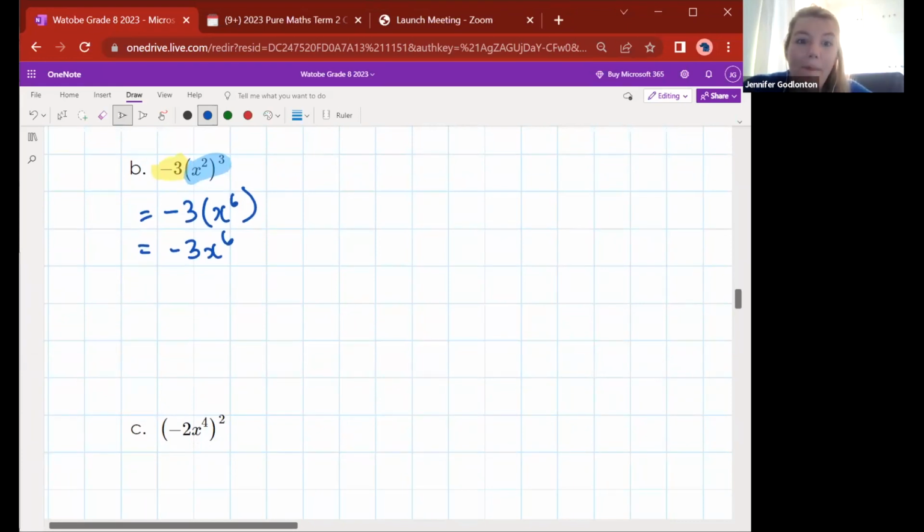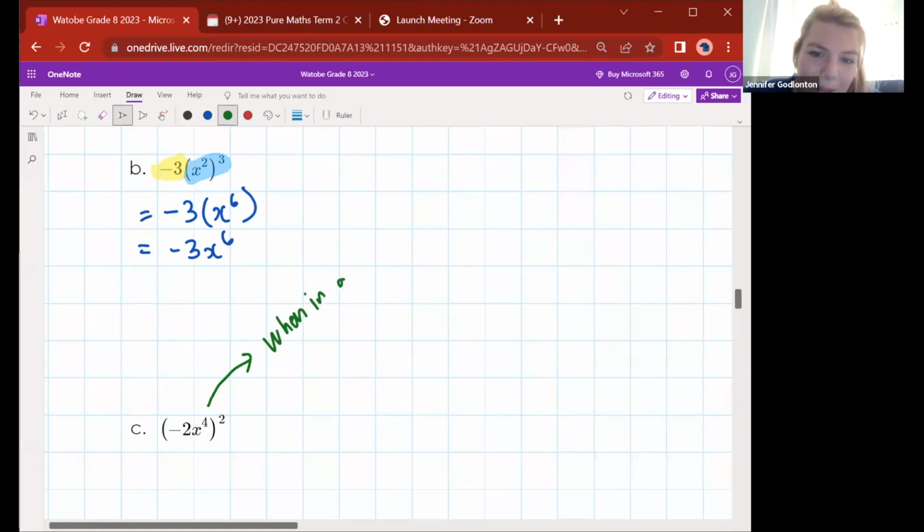There's a whole bunch of stuff happening in C that we need to be careful about. As a little reminder, when in doubt, write it out.